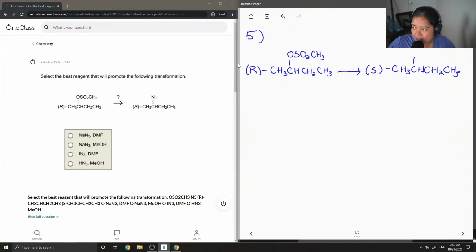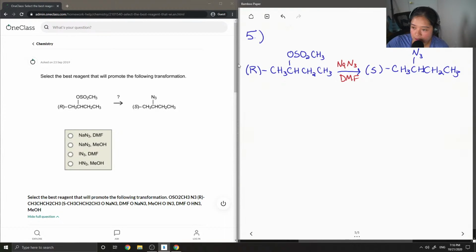And you'll also notice that there is now an N3 group there instead. So the reagent that we need for this transformation is this? Sodium azide, I believe. And DMF is just the solvent for it.